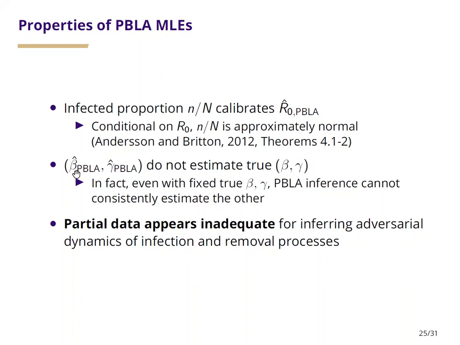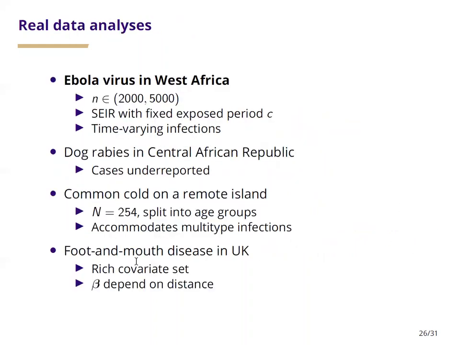Next, our estimates for beta and gamma with the partial SEM methods don't seem to estimate the true beta and gamma. And in fact, even when I fix the true values in simulation studies, I'm still not getting a consistent estimate of the other value. My conclusion being that the partial data appears inadequate for inferring these adversarial dynamics of infection and removal processes.